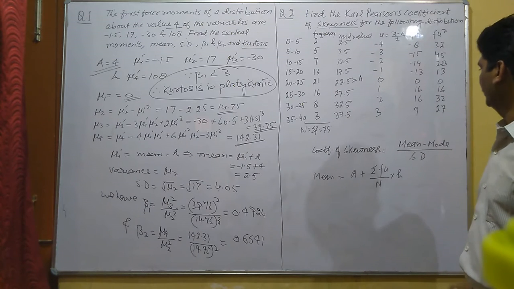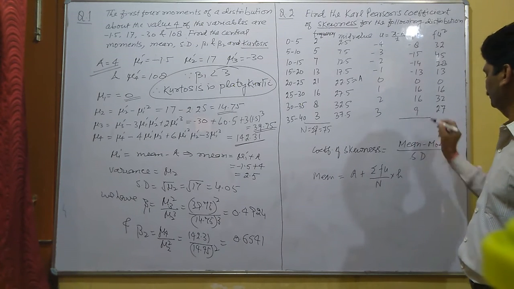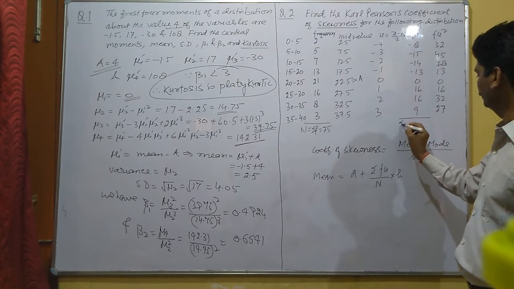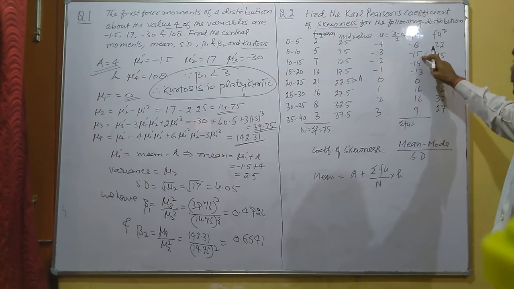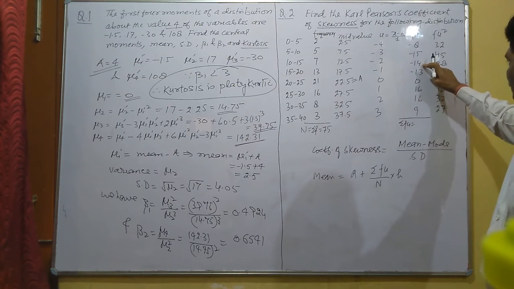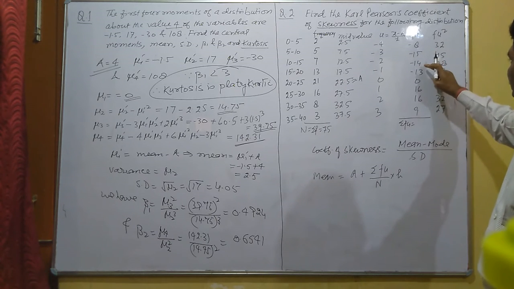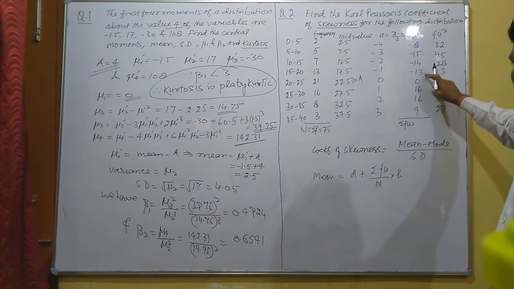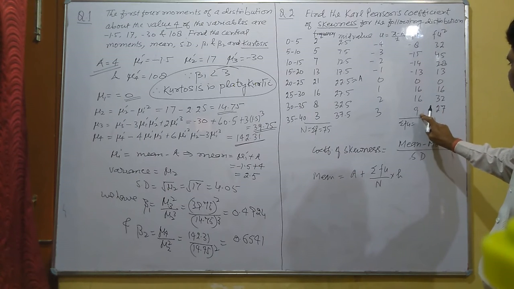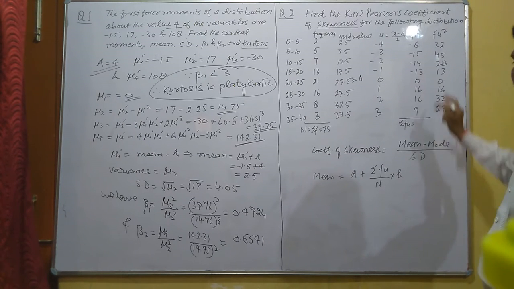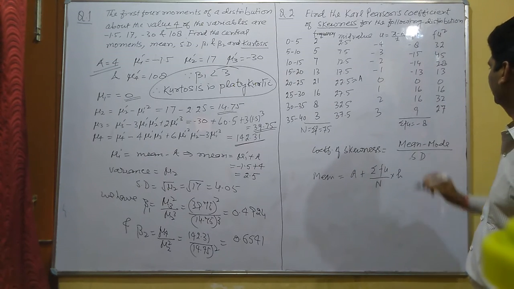N is 75, and sigma fu equals negative first minus 23 and minus 23 and minus 36 and minus 49. Okay, minus 49 and this is 32 and 41 and minus 8.